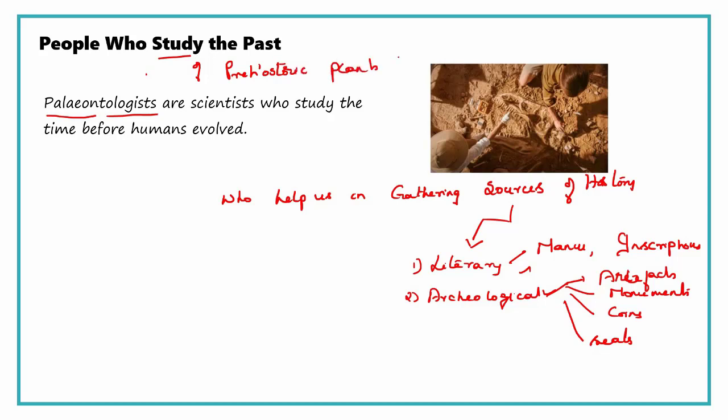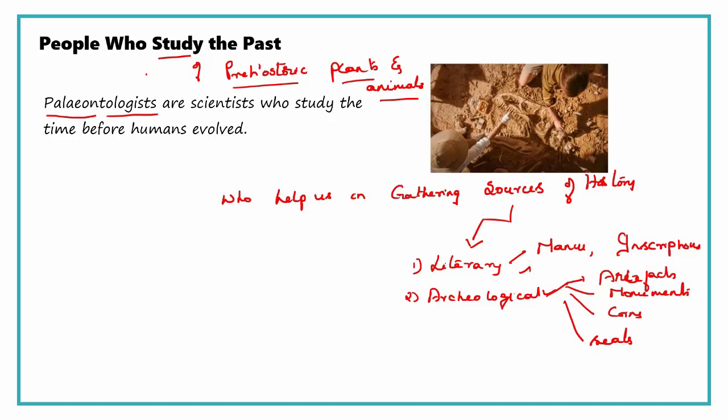Paleontology is the study of prehistoric plants and animals. What is the prehistoric period? The period before written records, before writing, is called prehistoric. So these paleontologists are the scientists who study the data regarding prehistoric plants and animals.